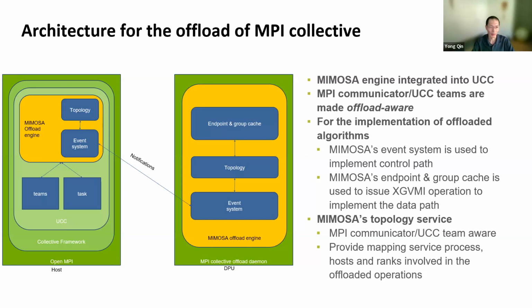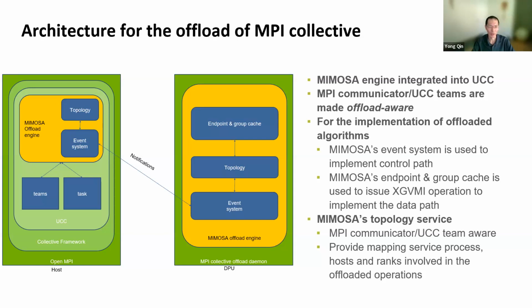Here you can see there are back and forth notifications that we send directly from this offload engine to the DPU. On the DPU side, there is something we call the offload daemon, which we sometimes also refer to as a service process. The service process has its own offload engine, and within there, it also has the event notification system.